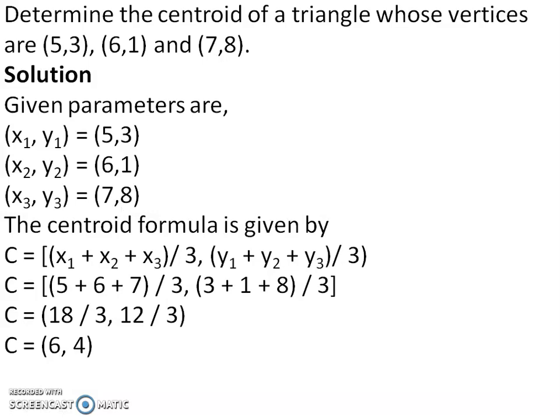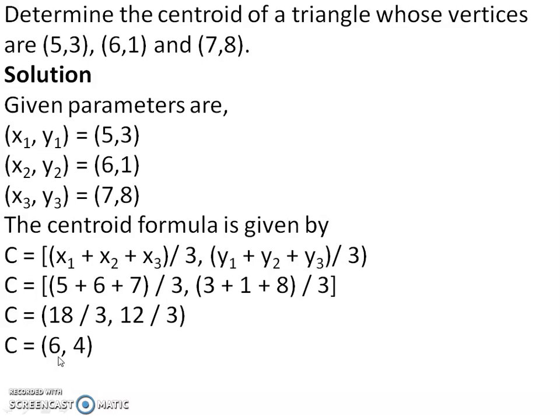X coordinate is (x1 plus x2 plus x3) by 3 and the y coordinate is (y1 plus y2 plus y3) by 3. Substituting the values, you will get the coordinates of the centroid as (6, 4). That is, x coordinate is 6, y coordinate is 4.